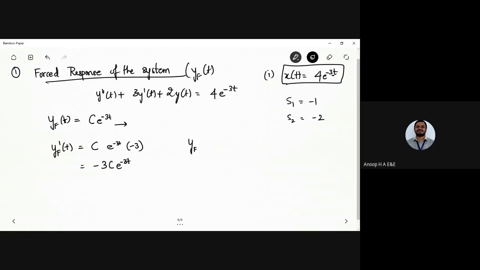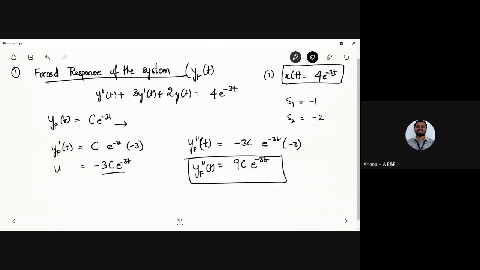Next yf''(t), I can differentiate this, minus 3c e power minus 3t into minus 3, that is 9c e power minus 3t. So that is yf''(t). That is how you can get yf'(t) and yf''(t), differentiating once and then twice.